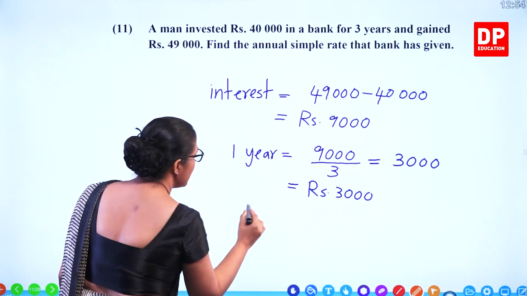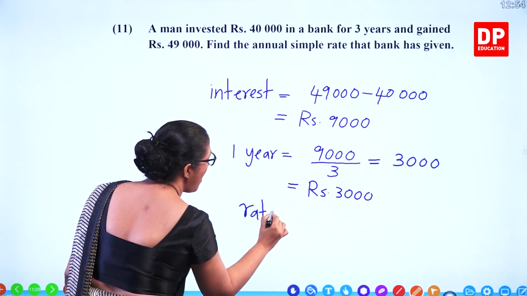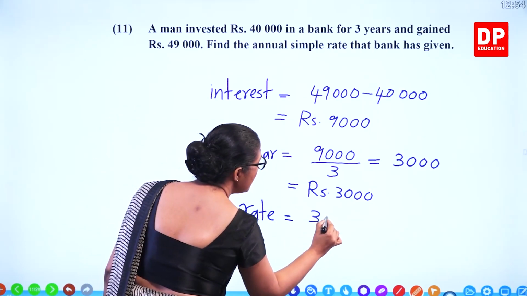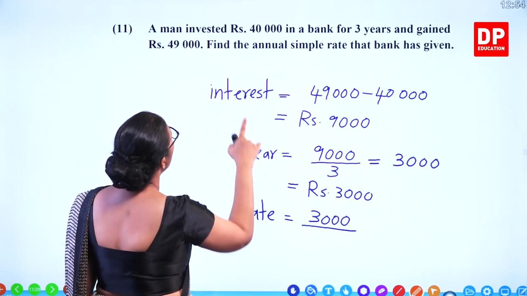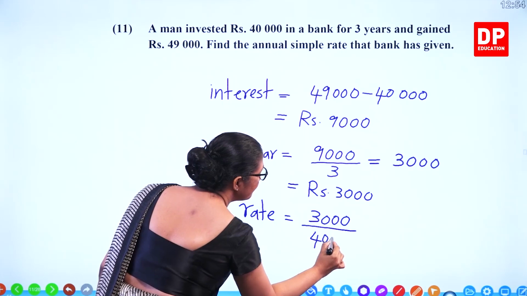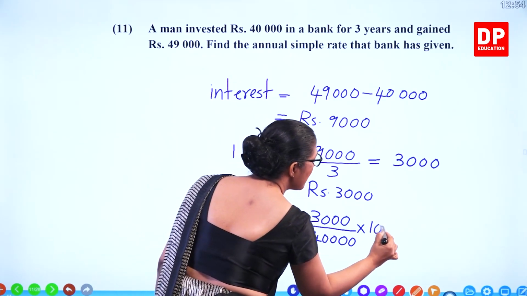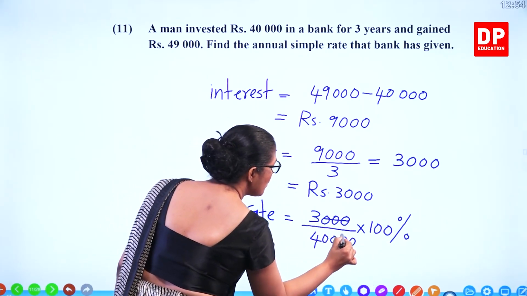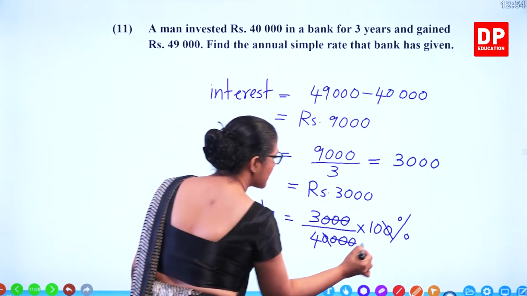If you take rate as R, that's 3,000 for 40,000 rupees. And you have to multiply by 100 to get the interest rate. 3 zeros get cancelled out and 1 zero with this.